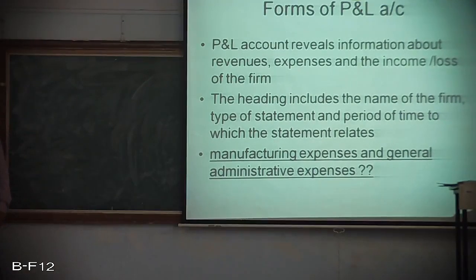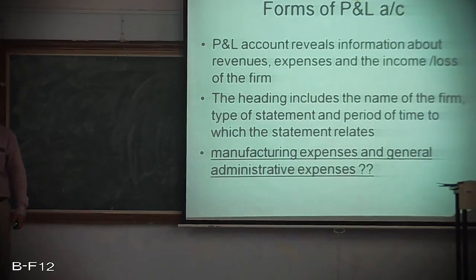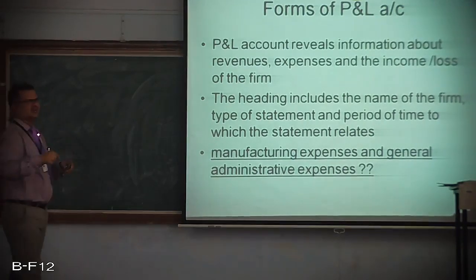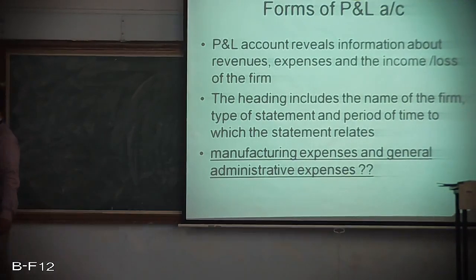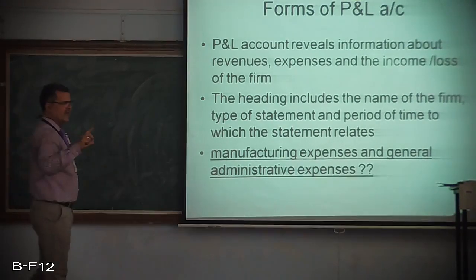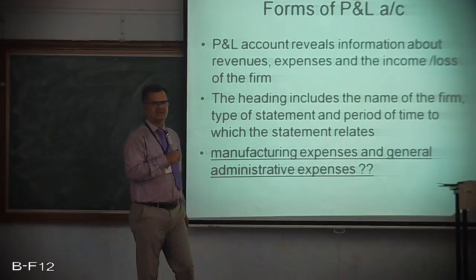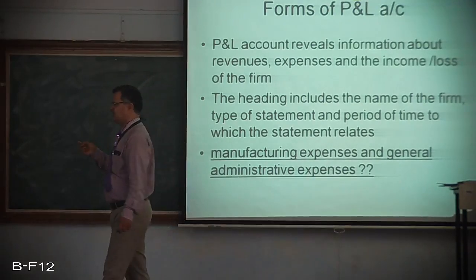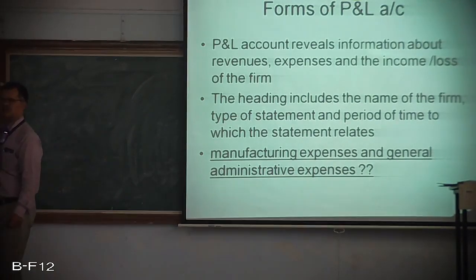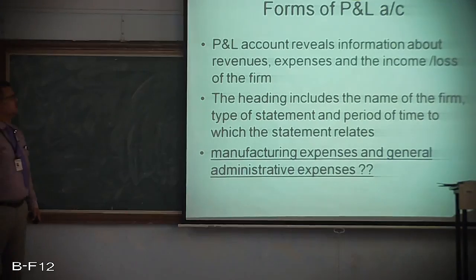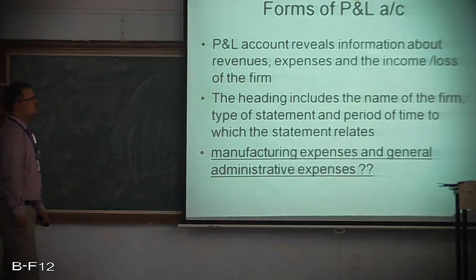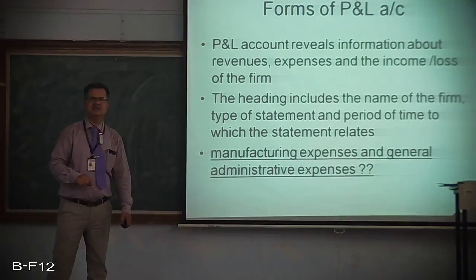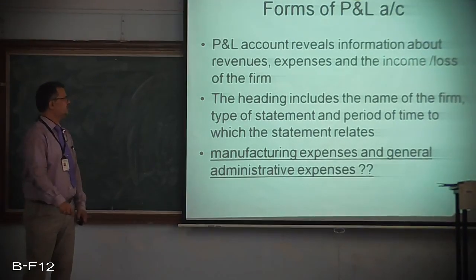In engineering terms, we go with only profit or loss, either expenses or income. Just like in a bank, we say we deposit and we withdraw, but in banking terms they say debit or credit. Similarly, in accounting terms, these terms are treated as different terms. That's why the P&L account reveals information about revenues, expenses, and the income or loss of the firm.